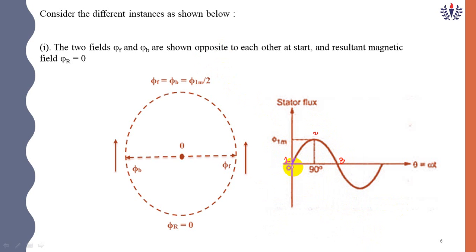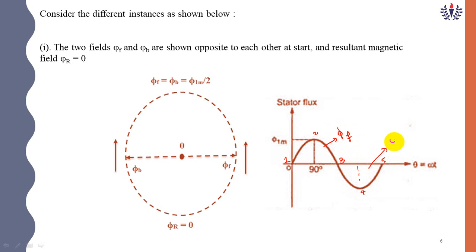During 1, 2, 3, a flux phi f is produced. Then 3, this is 4, this is 5.